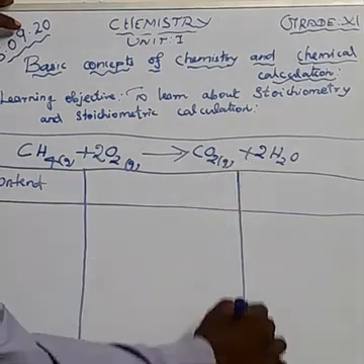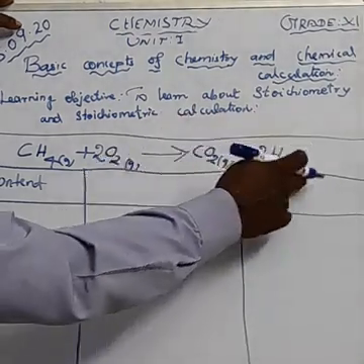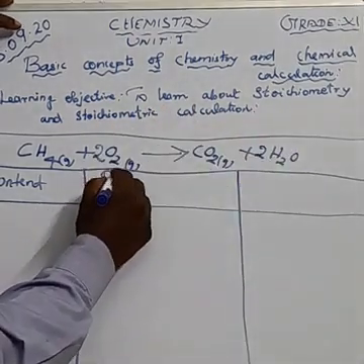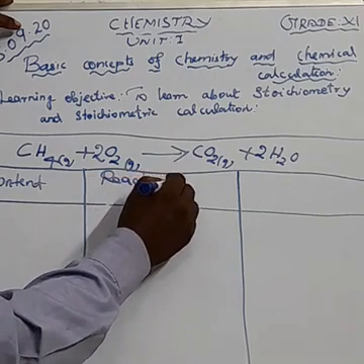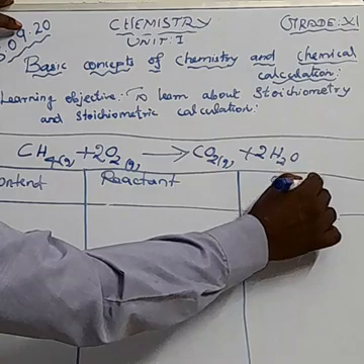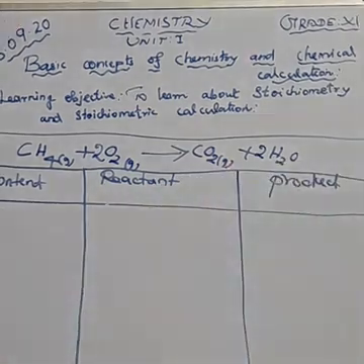Then reactant and product, one side reactant and another side product. What are the content? Here content means stoichiometric coefficient, mole relationship, mass relationship, mass of reactant, and volume relationship. There are 5 factors.